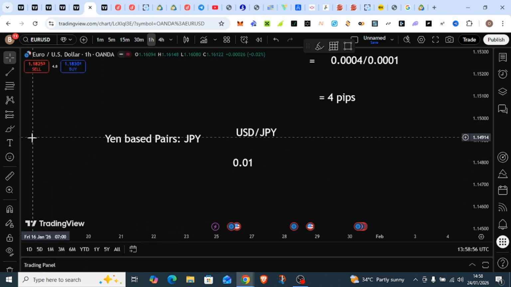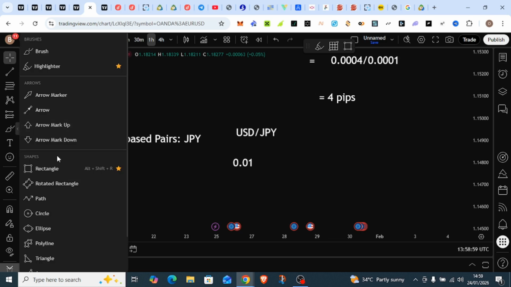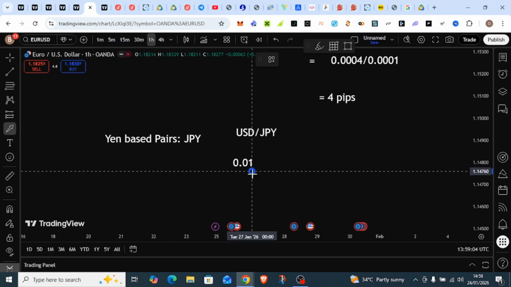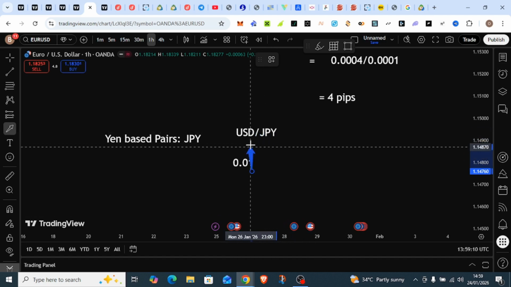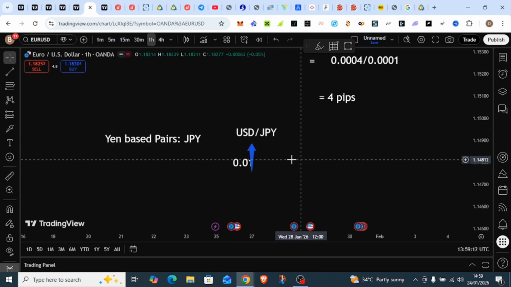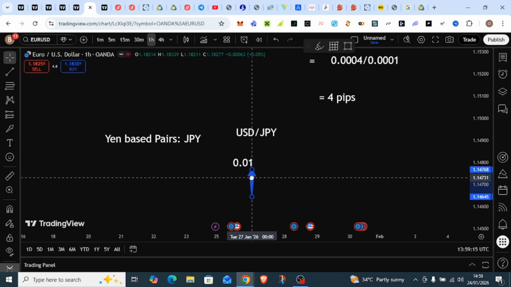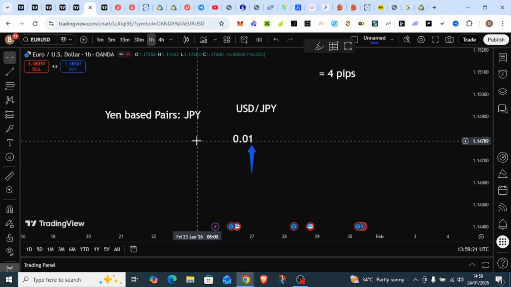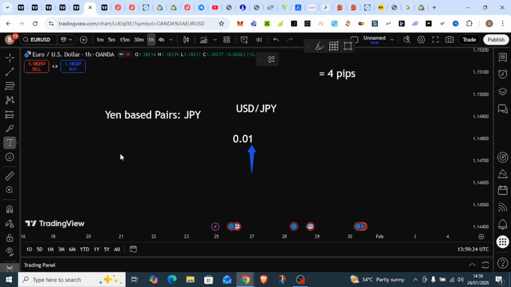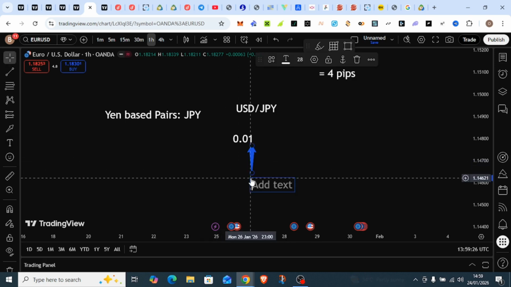Let me also use the arrow to indicate it. So here is the pip. The pip in 0.01 of USD JPY is 1 pip. Let's move to the next thing.